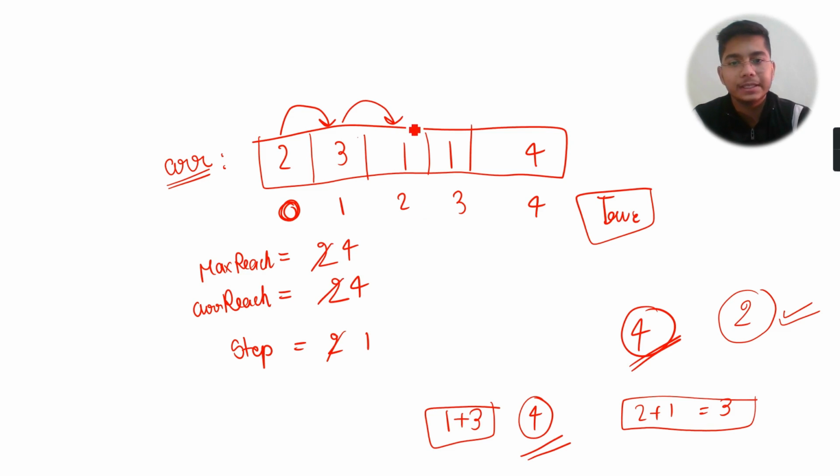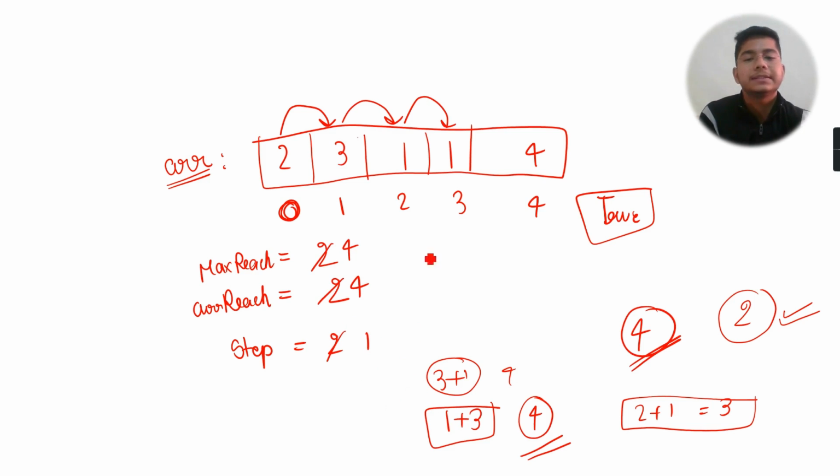So we will be moving further. So now it's 3 plus 1, 4. Is my max reach greater than the current reach? No, it's equal, not greater. So there is no issue in reducing the steps here as well. Now here I have reached the final position.